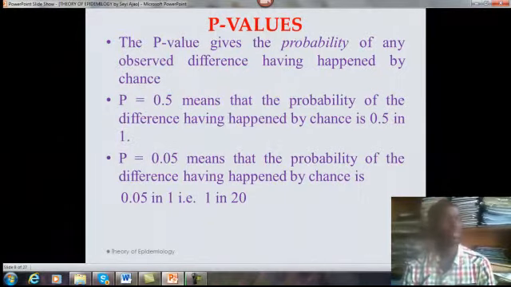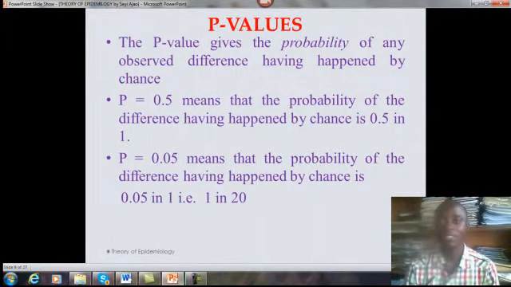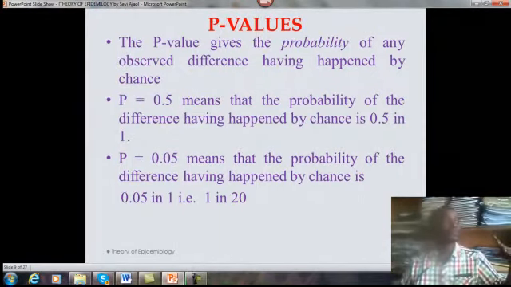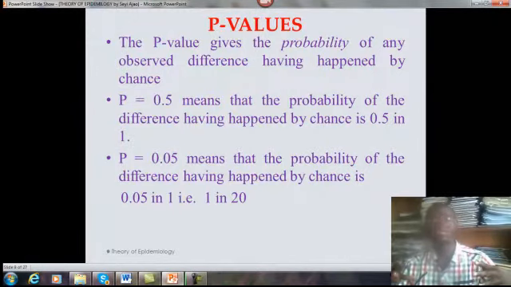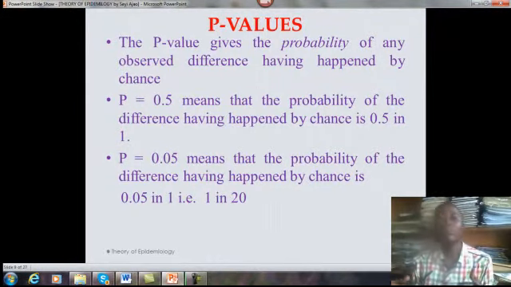Then we have p-values. What are p-values? P-values, you might be hearing about it. P-value gives the probability of any observed difference having happened by chance. The difference may not be a difference in relationship. So the probability that the difference observed or the relationship observed just happened by chance.